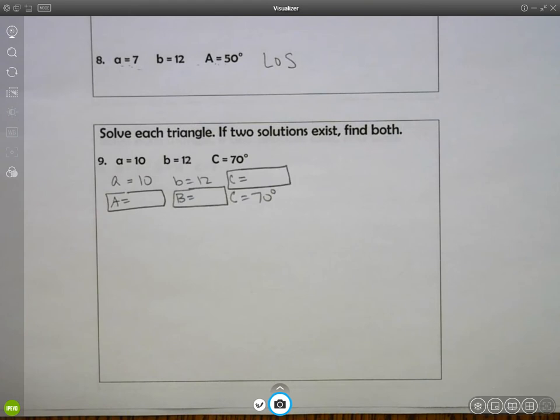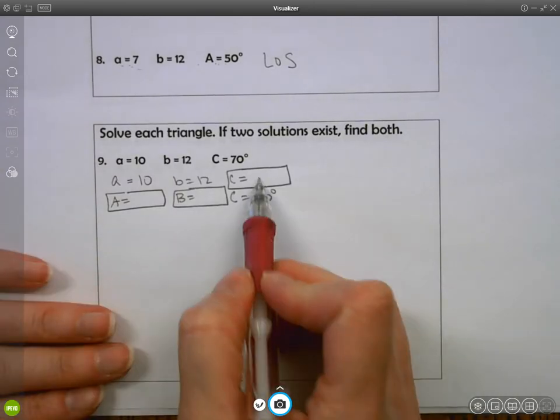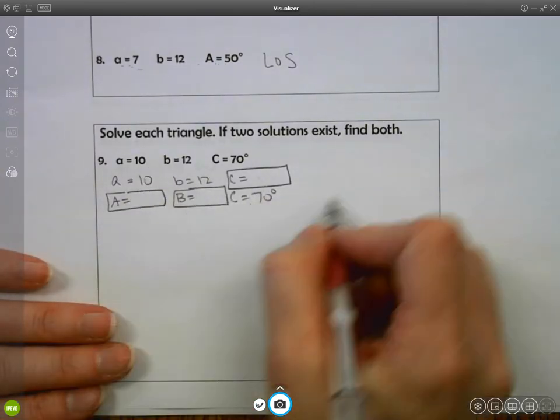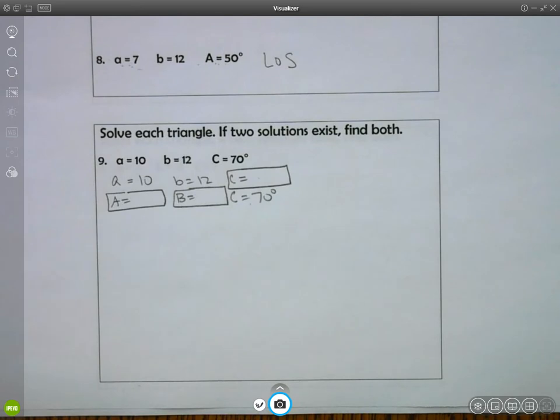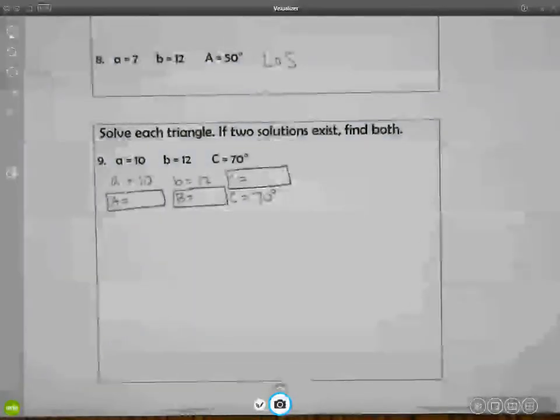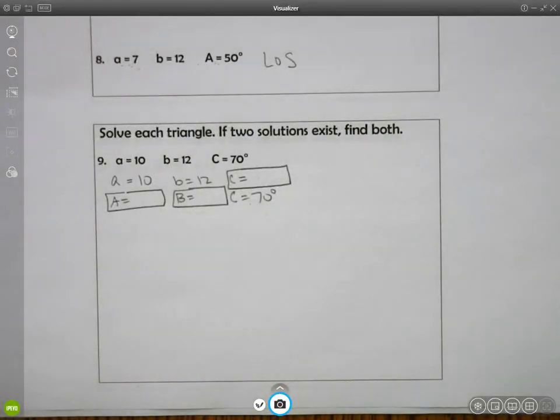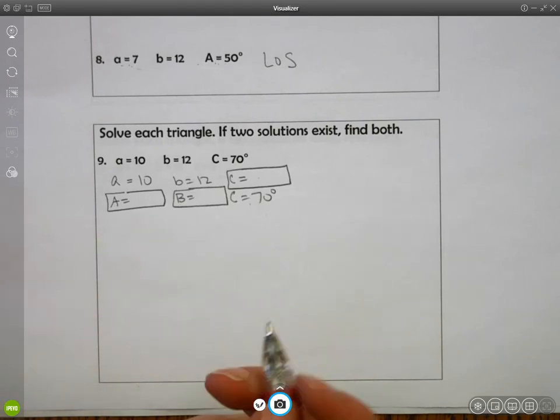And there's no easy way to find a matching pair because you're not going to be able to find A or B with subtraction. So we have to do law of cosines, which is what you use when you don't have a matching pair. So we'll use the law of cosines to find the side C.